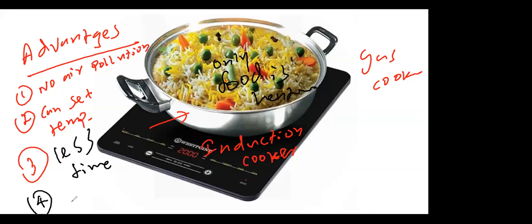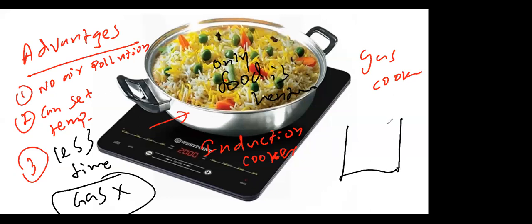Imagine there's a shortage of gas, no gas cylinders in the market, then you can't cook the curry. With a rice cooker, you can boil rice but not the curry. If the LP gas has run out in your house, the gas cylinder is empty, until you refill it you can't cook any curry.